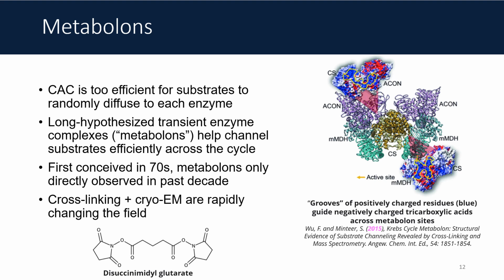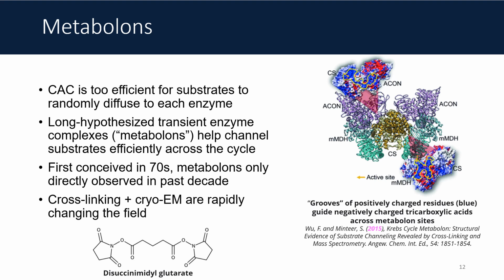Well, some very smart enzyme kineticists were able to use math to determine that it's actually impossible to have the substrates randomly diffuse fast enough across all 8 enzymes in a way that would produce enough energy to power life.